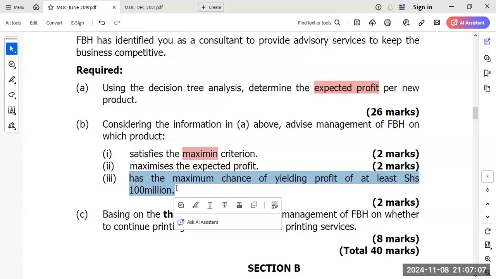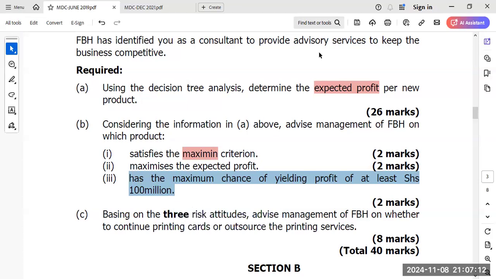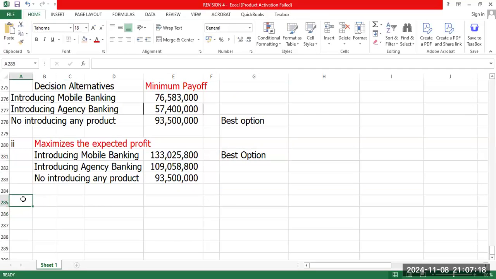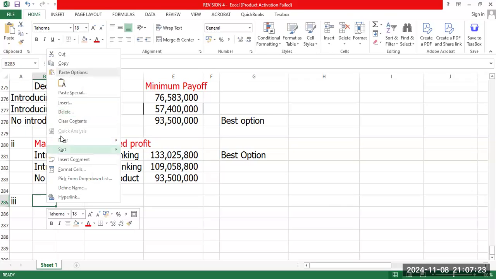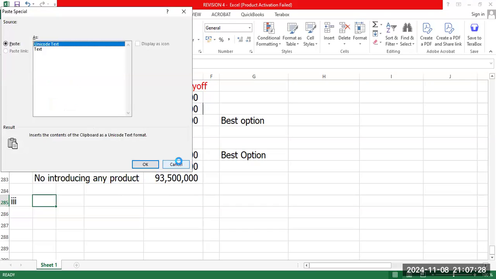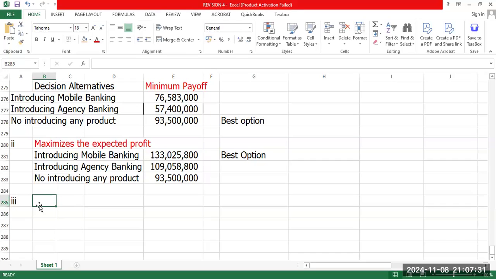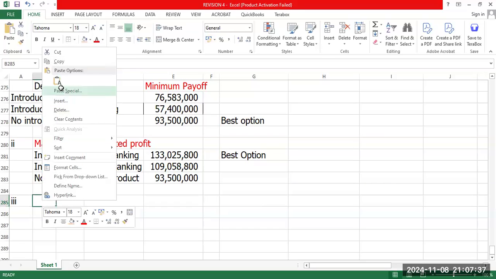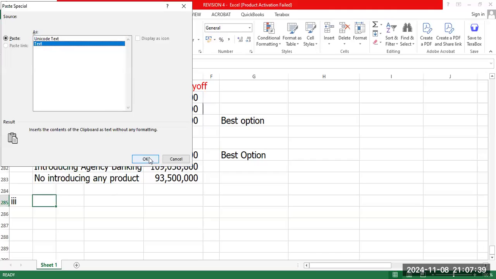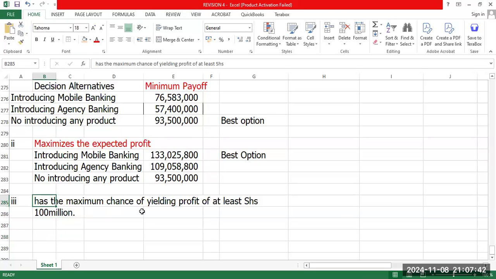Remember, they are using the word profit, not expected profit. So what you will do, Roman 3 is the one that has the maximum chance of yielding profit of at least.